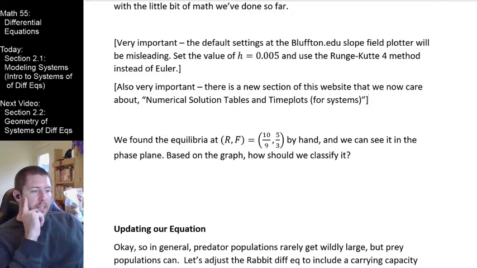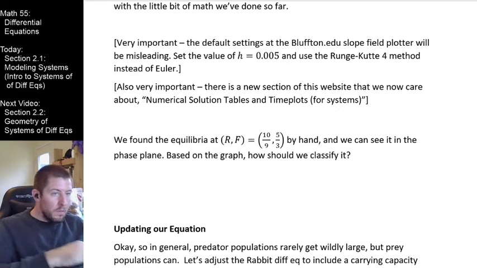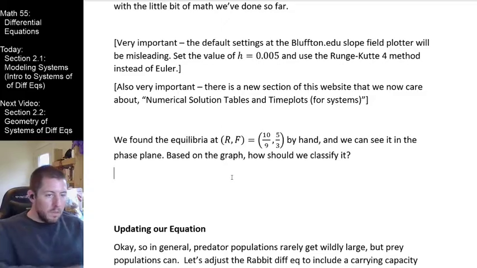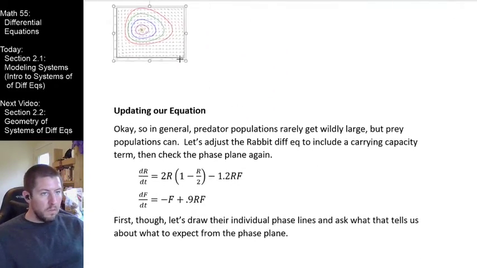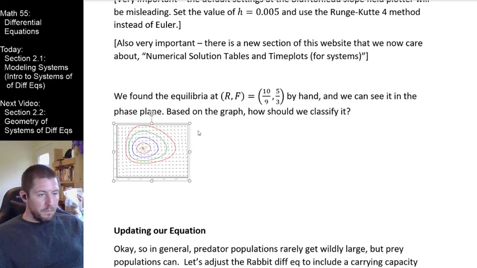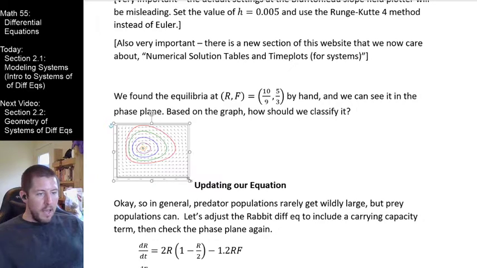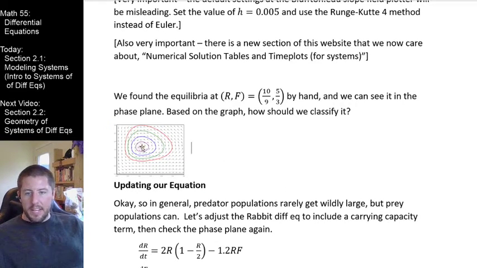Now, one of the things that's a little bit upsetting for us right here is the question I'm now asking: how should we be classifying that equilibrium that we saw that's sitting at that center point right there, that 10 ninths, 5/3? Notice that our only previous classifications were sink, source, and node.